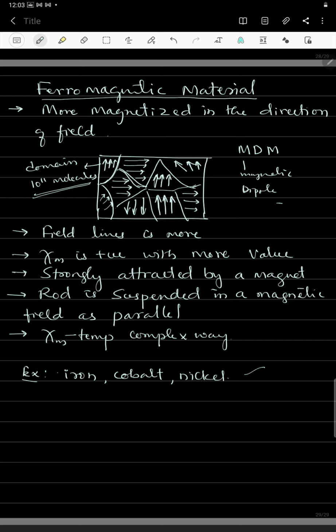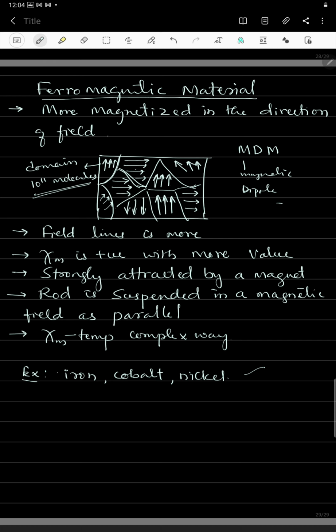In these domains the magnetic dipoles are already arranged in the same direction. All the molecules in all the domains are arranged in the same direction. So if you see here, in every domain the molecules are arranged in the same direction.